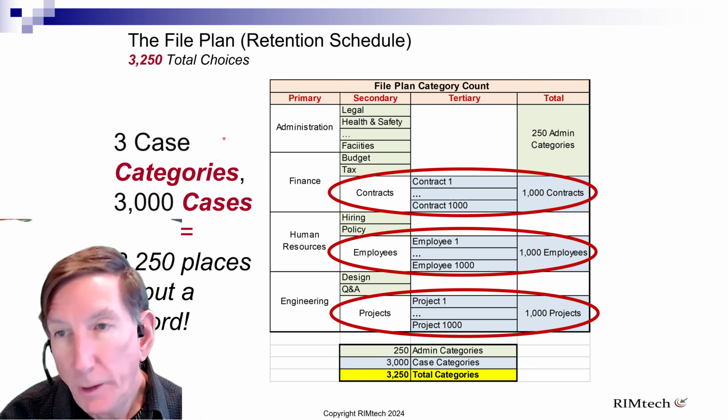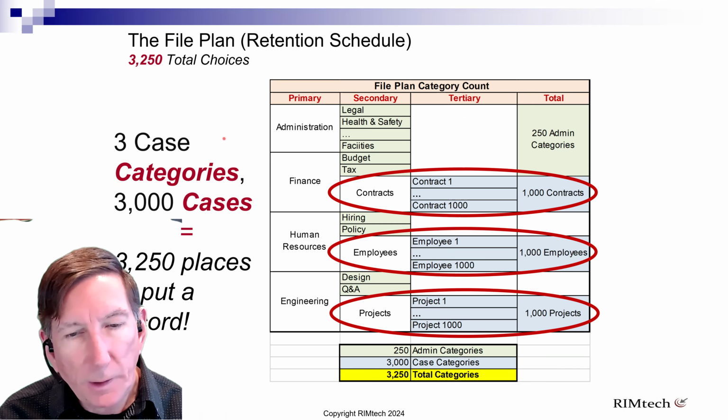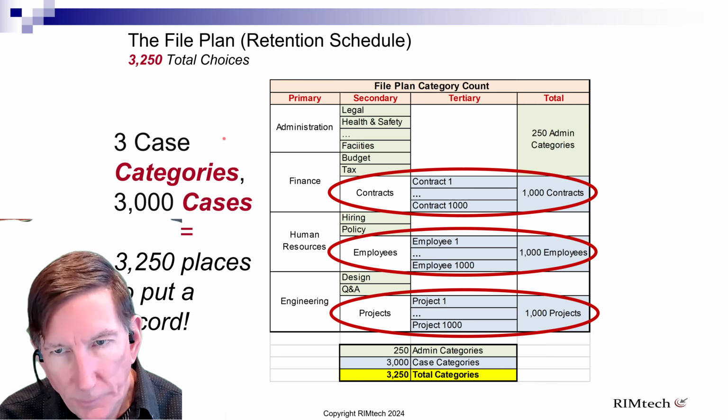So of those 12,000, 60% of them are going to be case records. So that's 7,200. Every day, 12,000 records flow in, 7,200 of which are case records, okay?